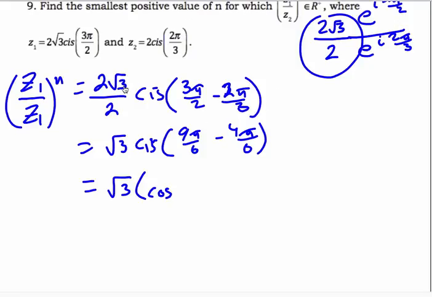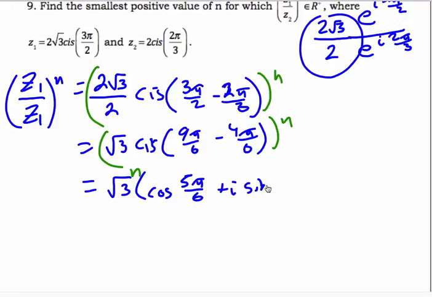Well, I forgot the power of n. Hang on a second. So this is all to the power of n. Cosine 5 pi over 6 plus i sine 5 pi over 6, all to the power of n.